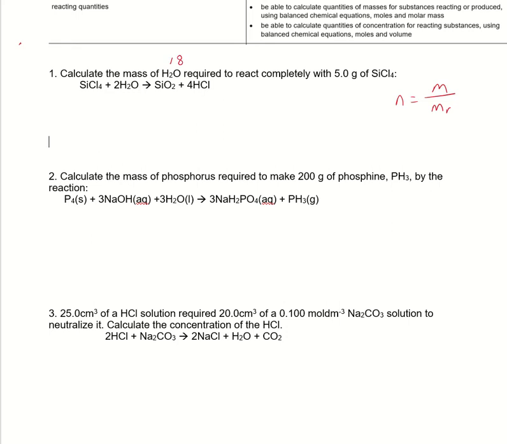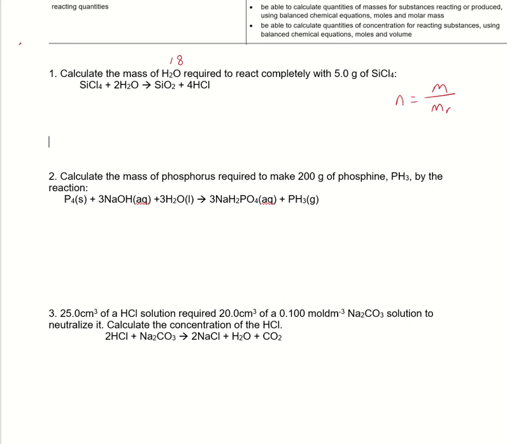But I need to know some information about the number of moles. So how can I get the moles? Well, if I look at the chemical equation, for every 1 mole of silicon chloride, it needs 2 moles of water. So if I try and find out the number of moles of this chemical, then I can just double it and find out how many moles of water are required. And then I'll have moles and I will have Mr.